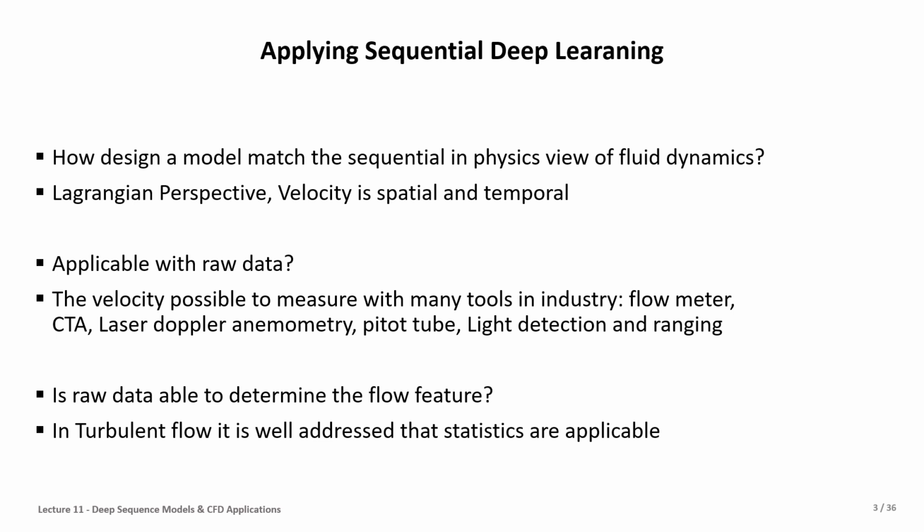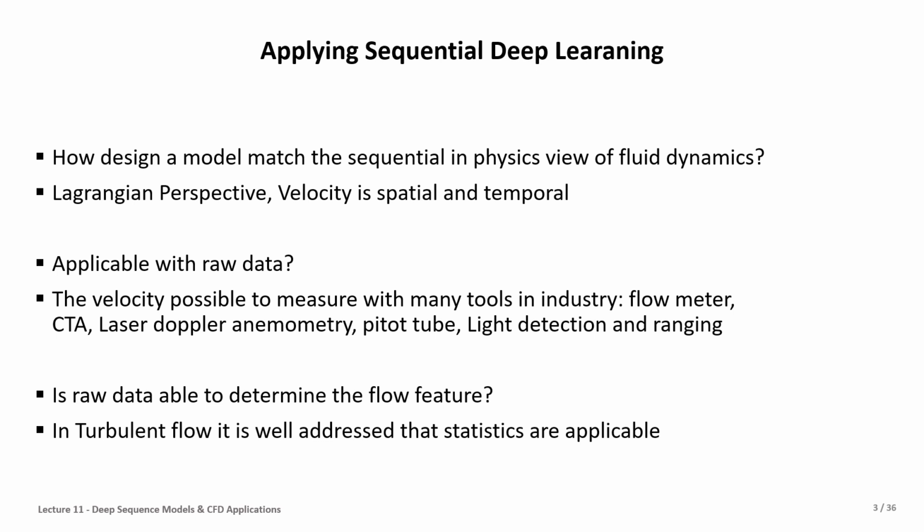Is the raw data able to determine the flow feature? Our focus here is the turbulent flow. For turbulent flow, it is well addressed that statistics are applicable to describe the flow feature and the flow behavior.